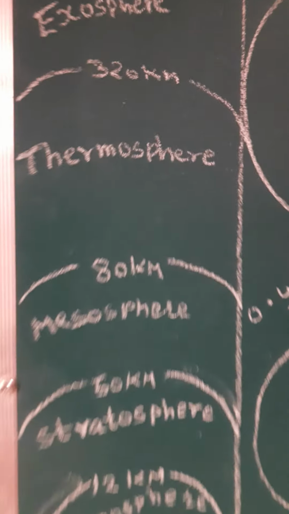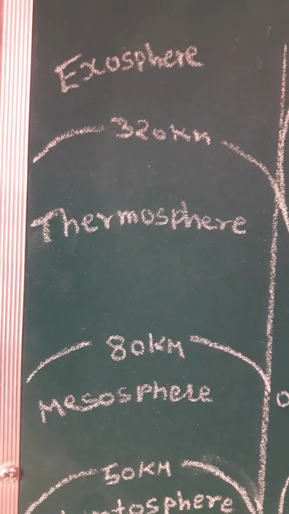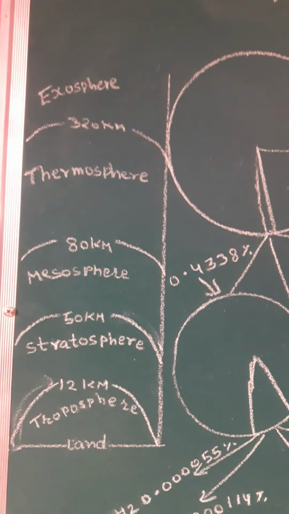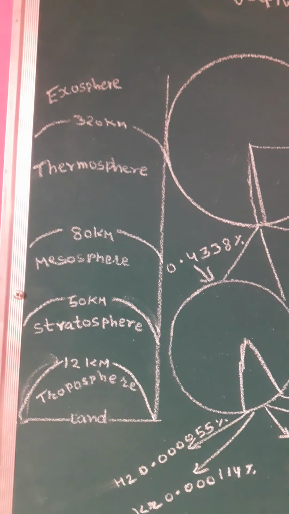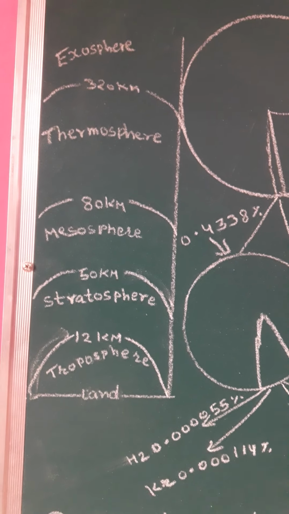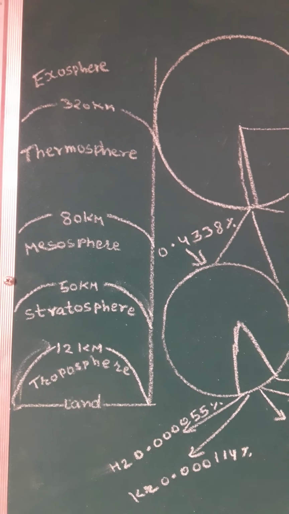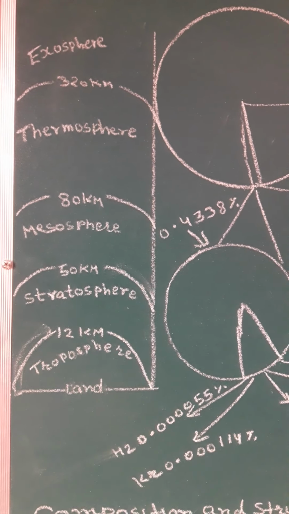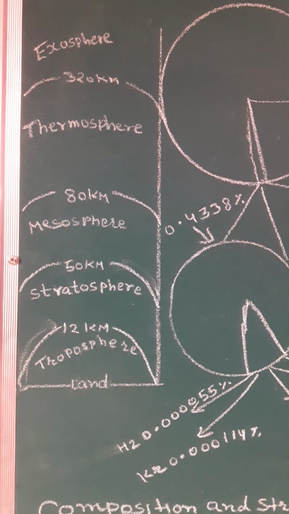Next layer is thermosphere. The thermosphere goes from 50 to 53 miles up until 310 to 620 miles. The size of the thermosphere depends on how active the sun is at any given time.